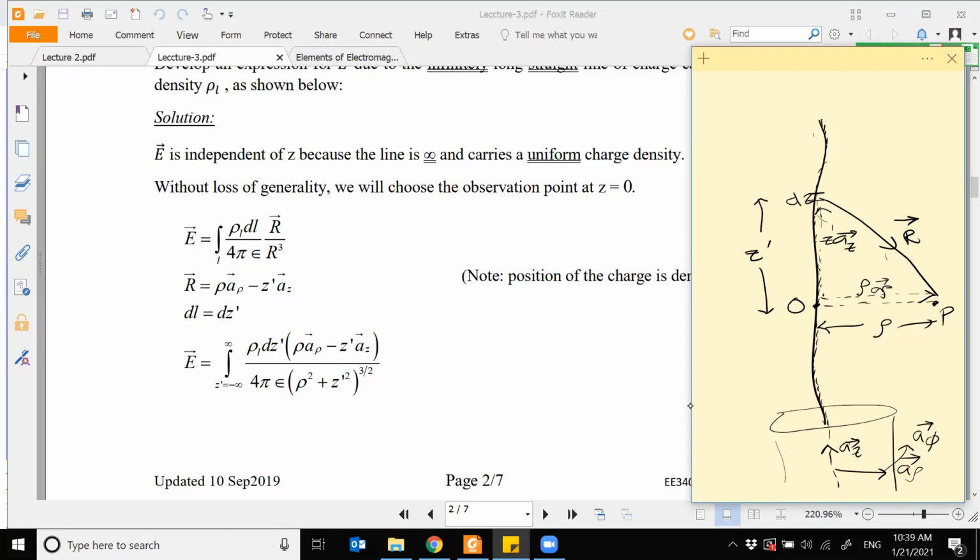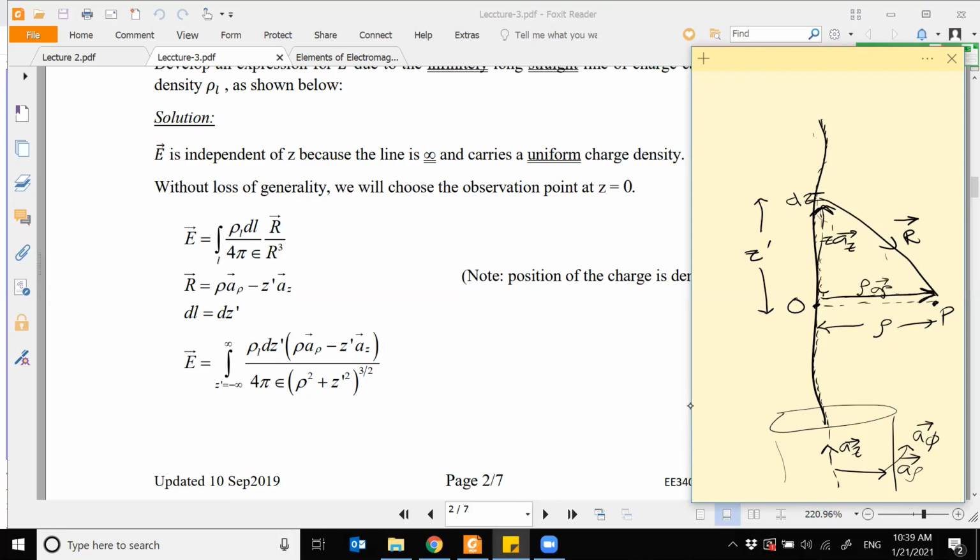So minus rho a rho plus z dash a z will give me the distance vector. No, it should be the opposite. See, this is the direction of R, and this is the direction of my z dash a z, and this is the direction of my rho a rho.